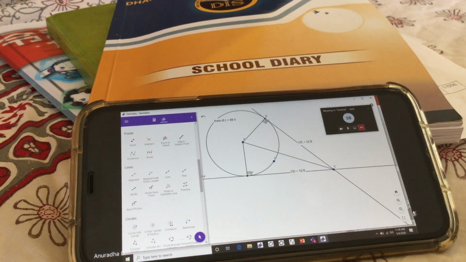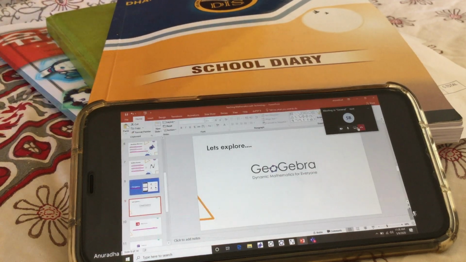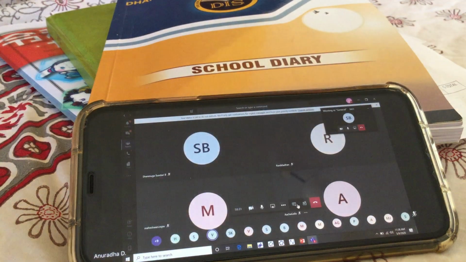Or you may also type in the chat box. So nobody is typing in the chat box. So I think we can proceed with the next component of GeoGebra.